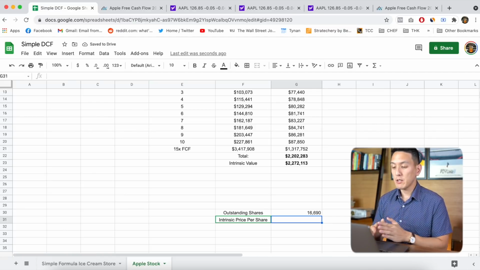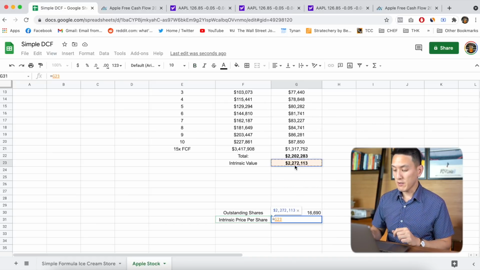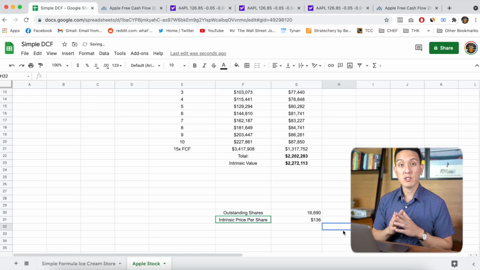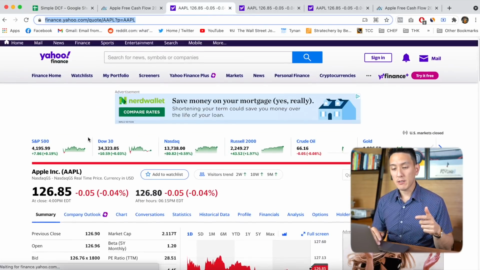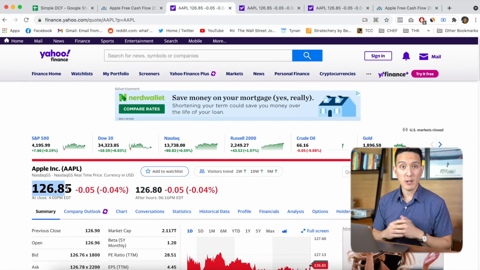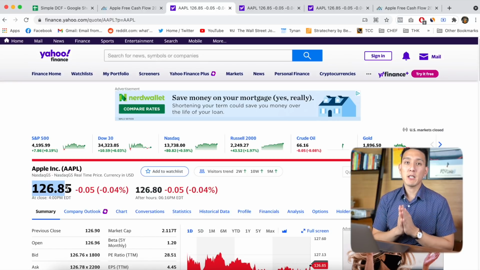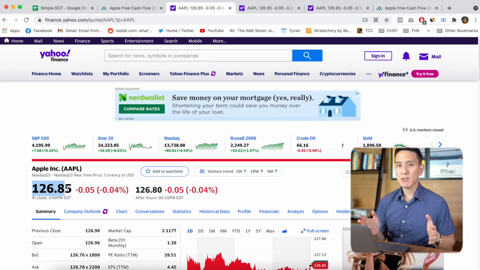Then we divide their intrinsic value by the outstanding number of shares, and that gets us an intrinsic price per share of $136. If we check Apple stock currently, we notice that they're trading below $136 per share. That means our model would indicate that Apple stock is currently a buy if we were just basing it off of intrinsic value alone.